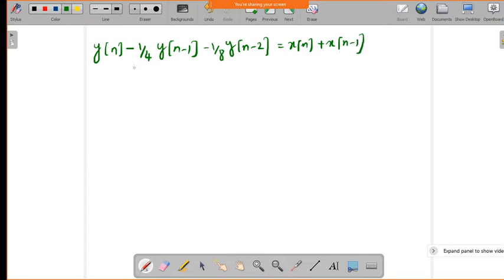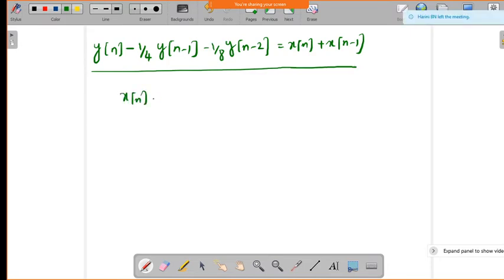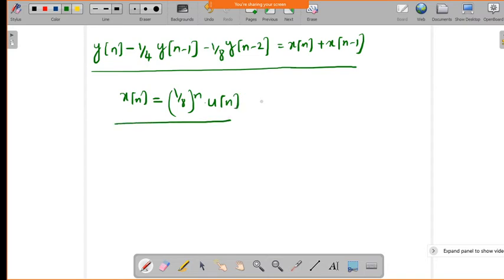This is the difference equation which is given. The input is x of n equal to 1 by 8 power n into u of n. Assume the initial conditions are 0 and find the forced response of the system.